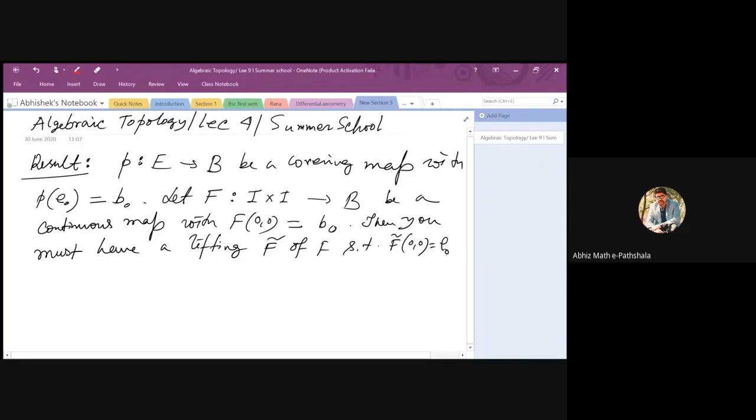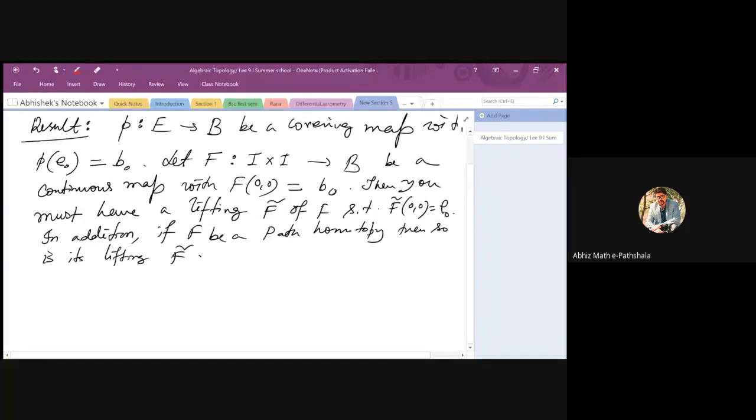And in addition to this, if you consider f to be a path homotopy, then so is its lifting. So this is a very important one.